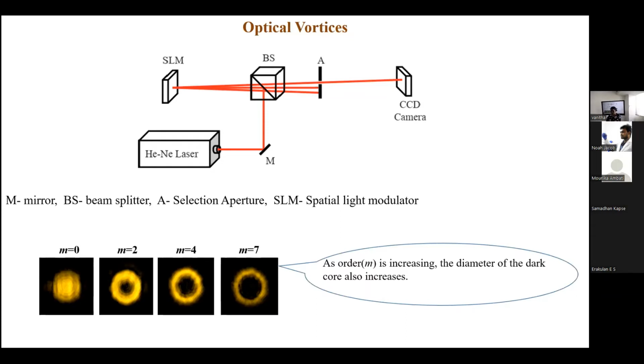Using a CCD camera we capture the images up to m equal to 0 to 10, and I have shown here m equal to 0 to 4, 7. As we increase the order, the dark core also increases.